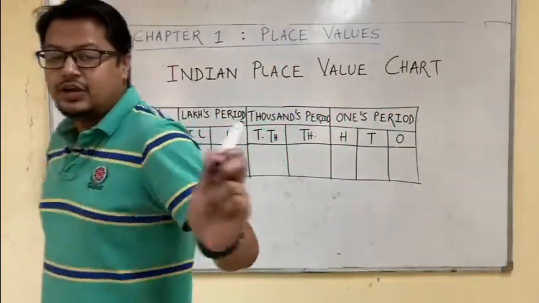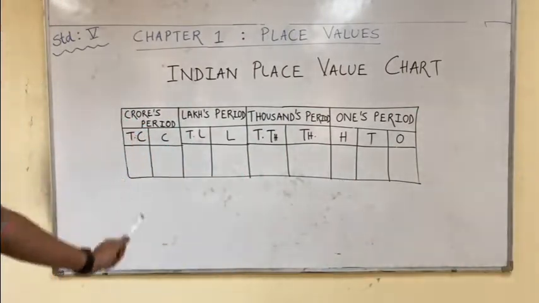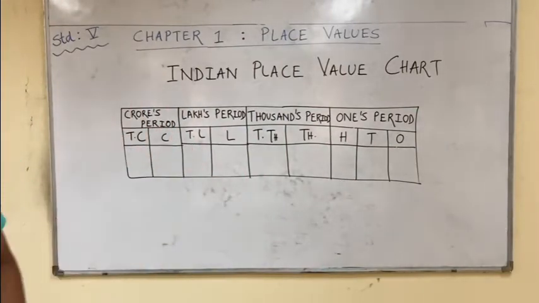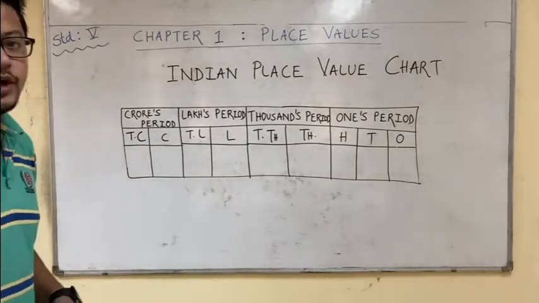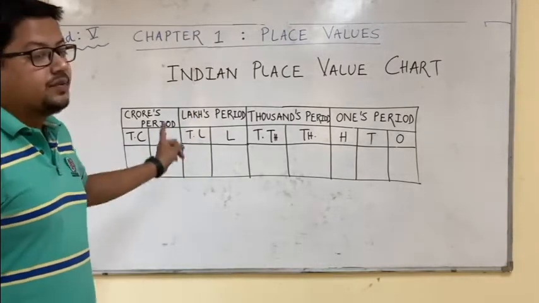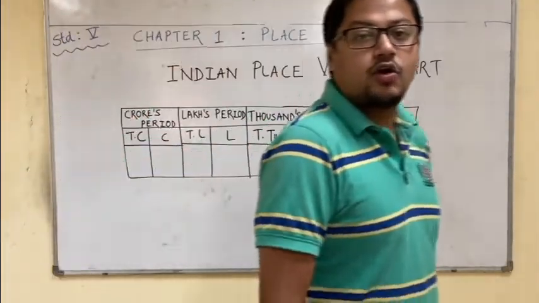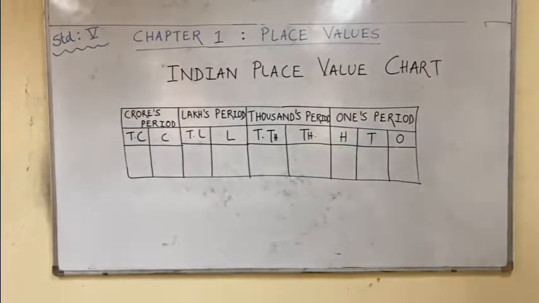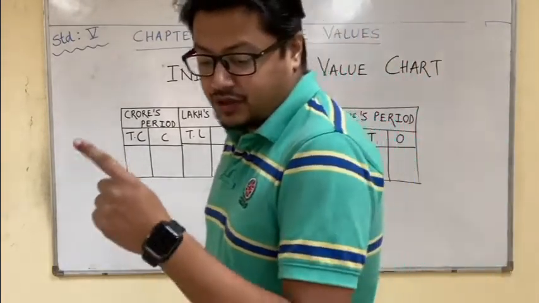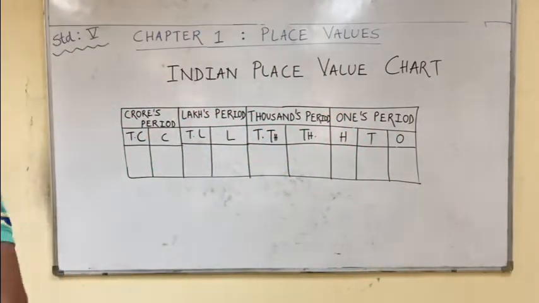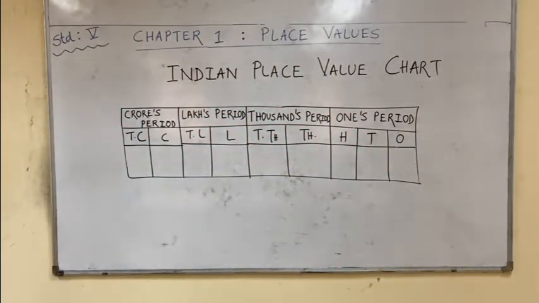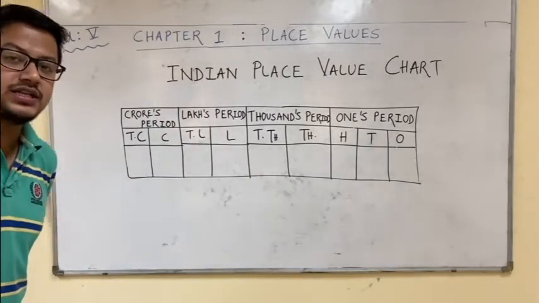I repeat, you can see on the board how many periods are there? 4. Ones period, okay, thousands period, lakhs period and crores period. Inside ones period we have 3 places: ones, tens, hundreds. Inside thousands period we have 2 places: thousands, 10,000s.